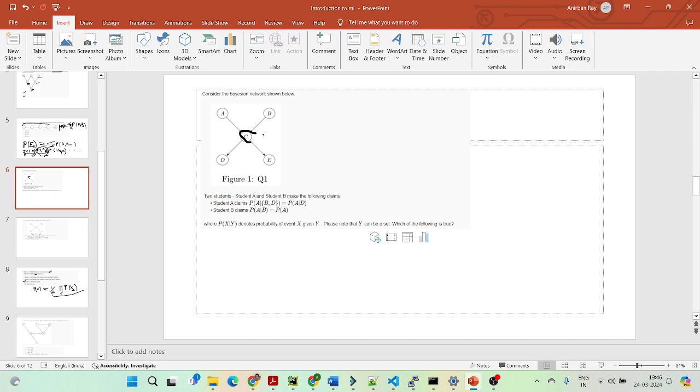In directed graphs, that is the theory: C is the child of both A and B. So if C is not known, then A and B are independent. From this theory we conclude that, and also the claim about B as well. C is not known, as you see, so A and B are independent.